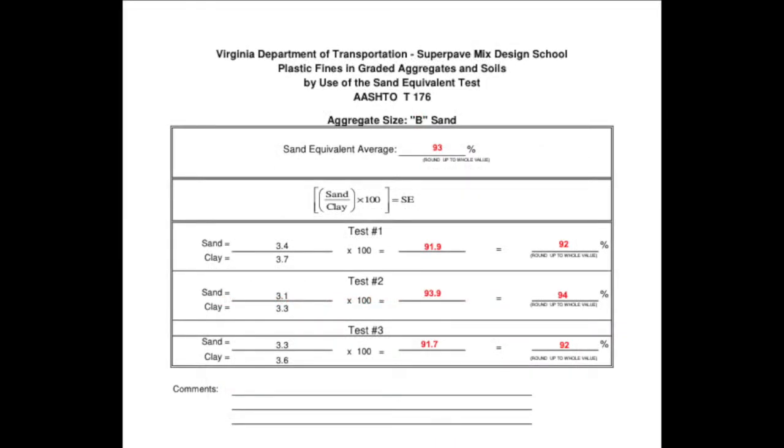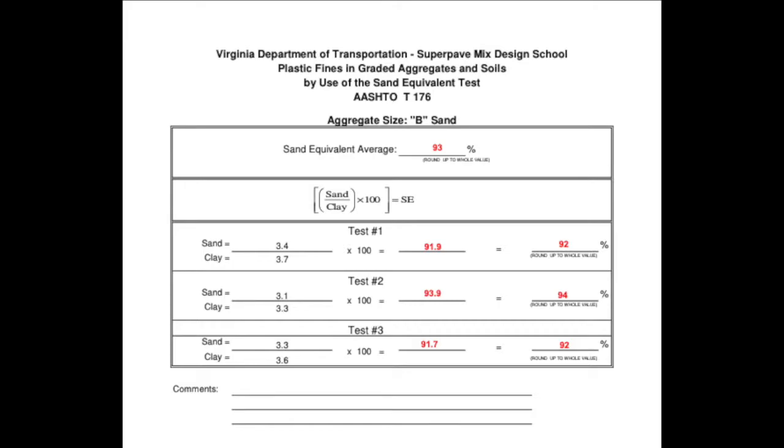We will now calculate the sand equivalent value of the B sand. At the top of the page, you will see the formula. Your sand divided by your clay times 100 equals your sand equivalency value. On this product, we ran test 1, test 2, and test 3.